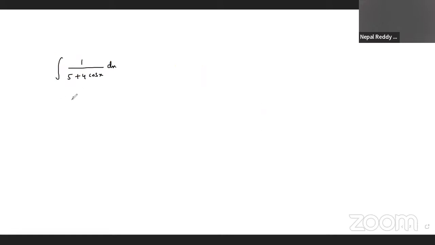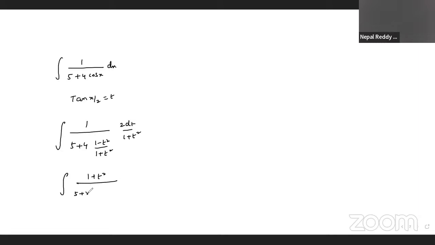When you substitute tan x by 2 equal to t, you will get integral 1 by 5 plus 4 times 1 minus t square by 1 plus t square, and dx is 2 dt by 1 plus t square. So you will get 1 plus t square divided by 5 plus 5t square plus 4 minus 4t square, times 2 dt divided by 1 plus t square. 1 plus t square gets cancelled.